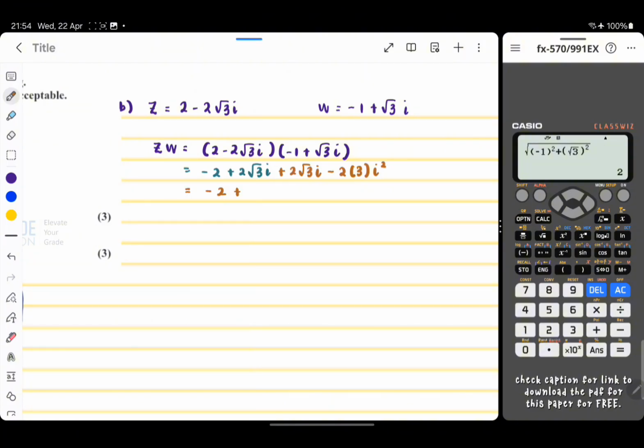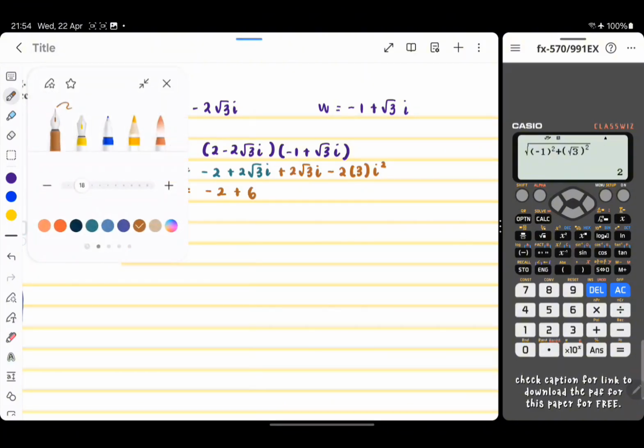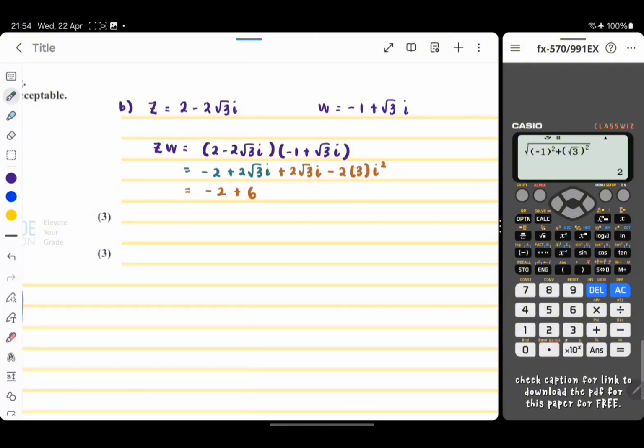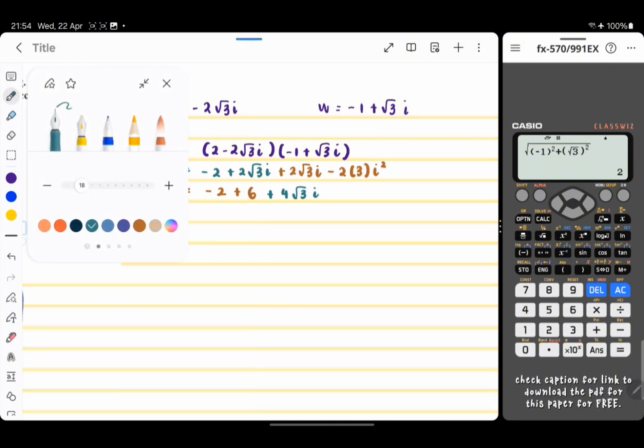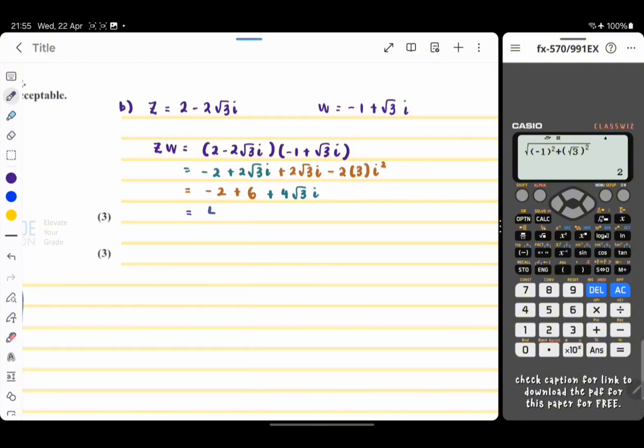That would be positive 6. Whereas for our imaginary component, we have this 2, which when we add would be 4 root 3i. Let's simplify this. This would be 4 plus 4 root 3i.